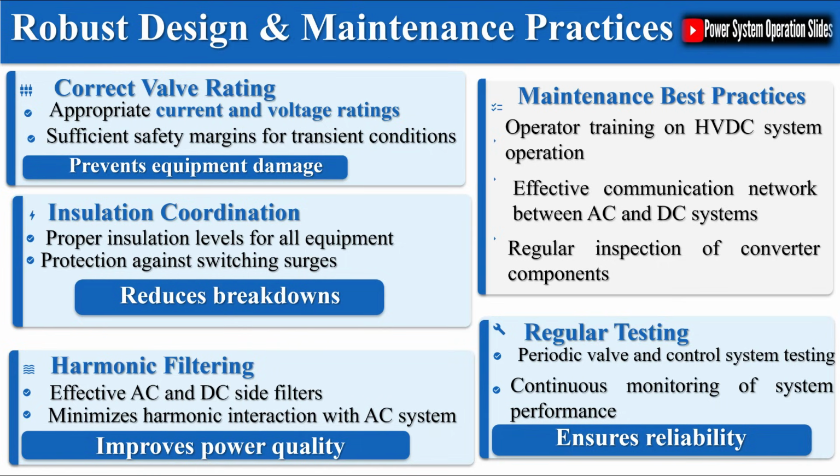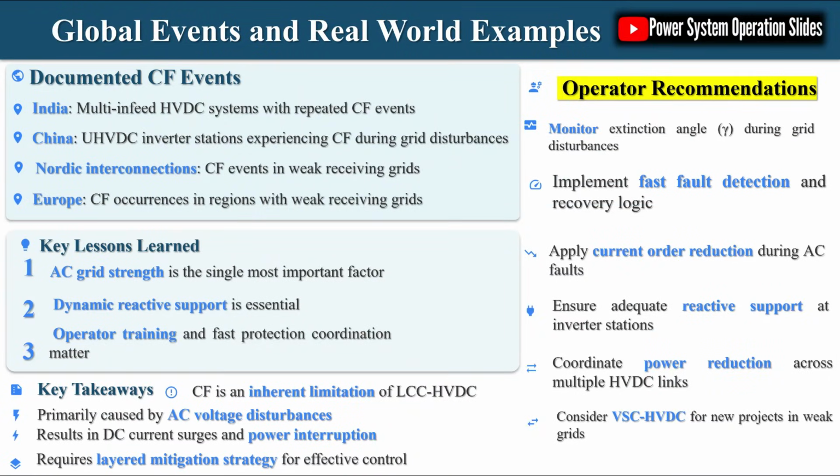Enhancing converter control and protection systems represents another critical mitigation strategy. Extinction angle control, which maintains the time interval between thyristor turnoff and reverse voltage application above a minimum threshold, typically 8 to 15 degrees, forms the foundation of this approach.